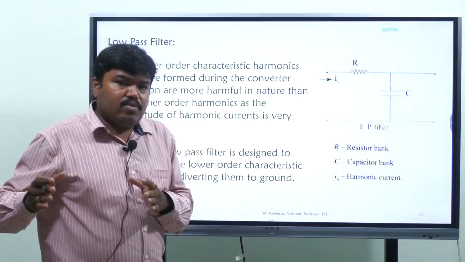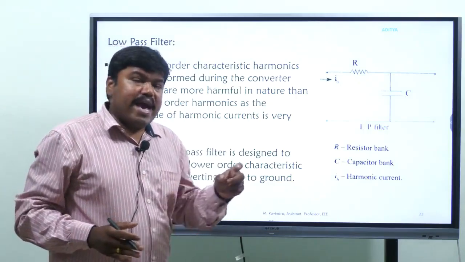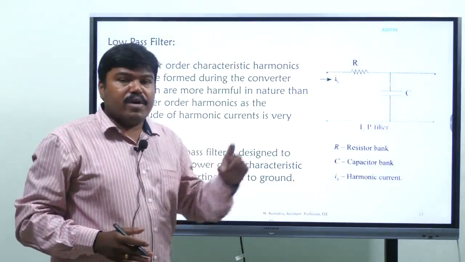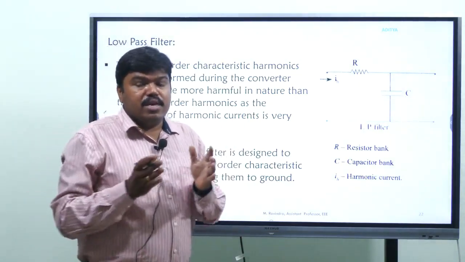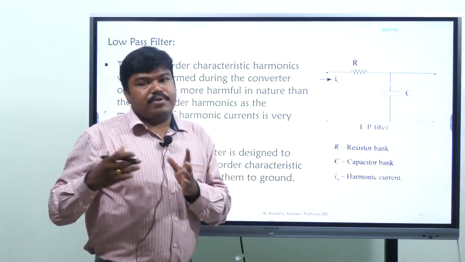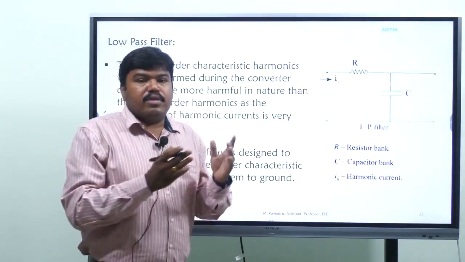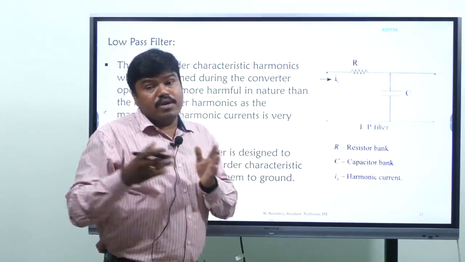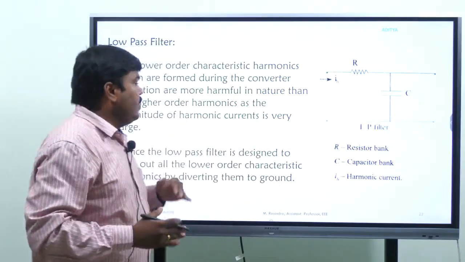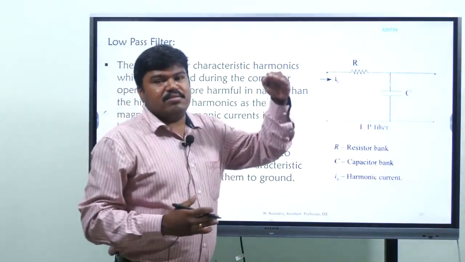When you compare these harmonics, the magnitude of the lower order harmonics will be higher. That means the third harmonic magnitude will be higher compared to that of the fifth harmonic. The fifth harmonic magnitude will be higher compared to that of the seventh harmonic, like that, right? As the order of the harmonics increases, the severity decreases.